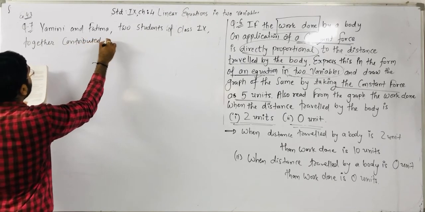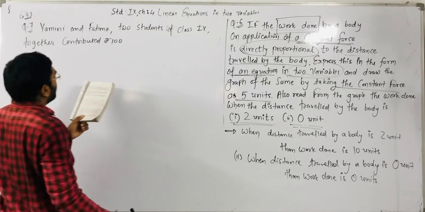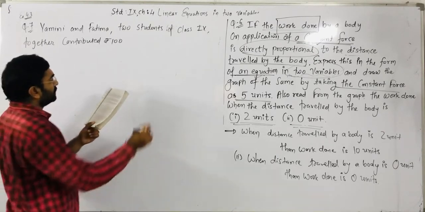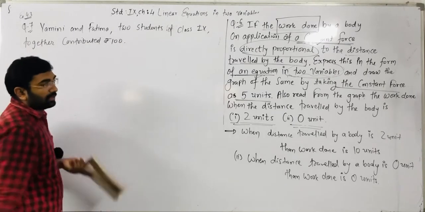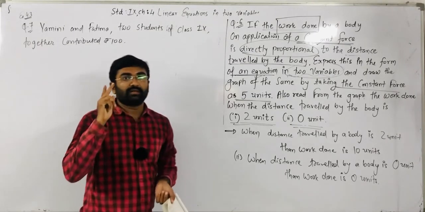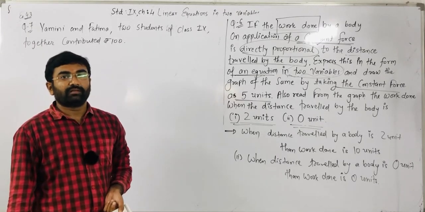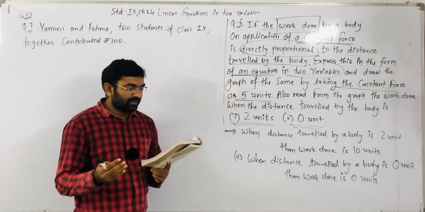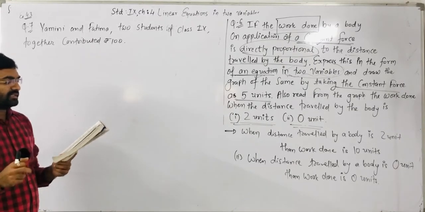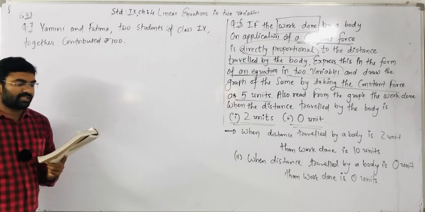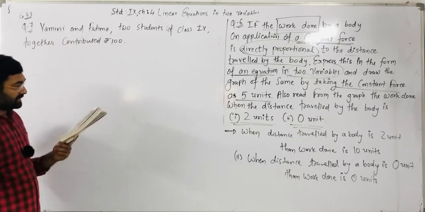contributed rupees 100 toward the Prime Minister Relief Fund to help earthquake victims. Right? Here, two students of class 9 contribute to a PM Relief Fund due to the earthquake, for humans who are victims. For that, the Prime Minister Relief Fund is there, and both students contribute 100 rupees.